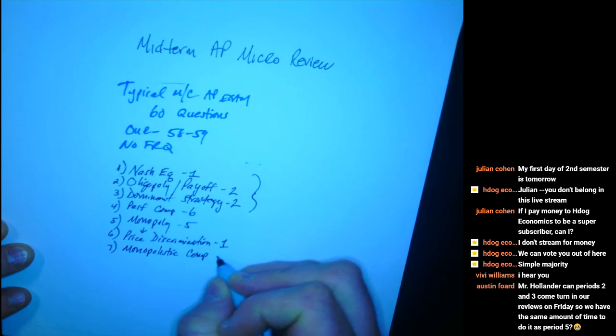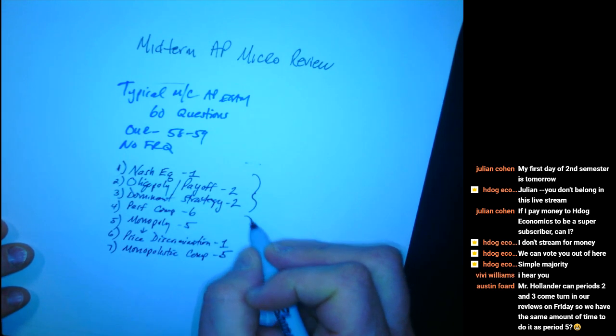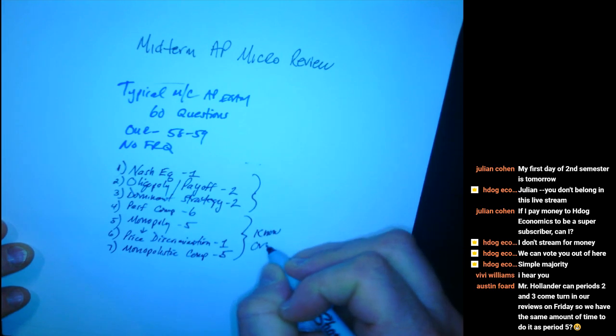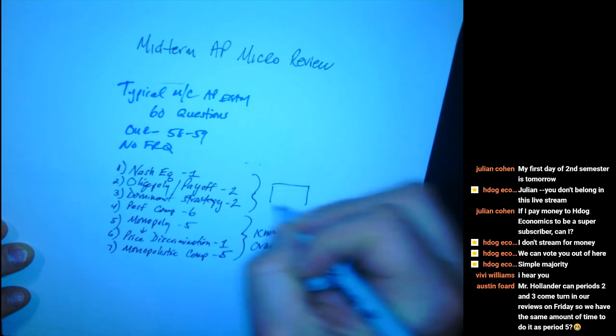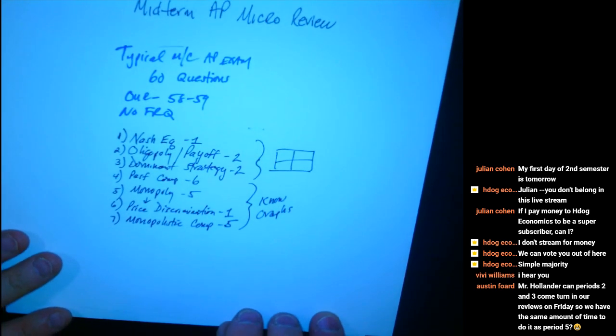Monopolistic competition has 5 questions. With these, definitely know the graphs. With oligopolies, know the matrix and the definitions. Things like that are really important as well.